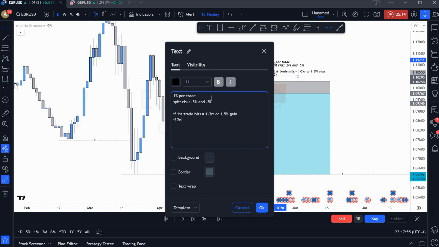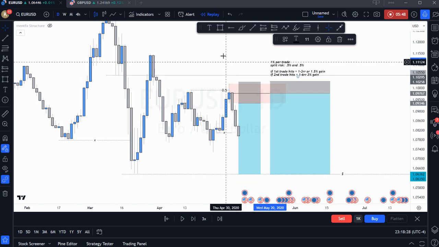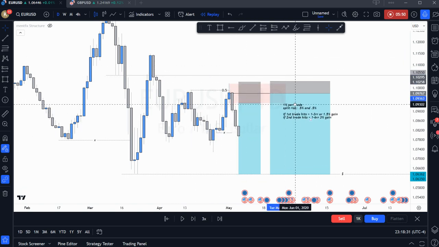And if the second trade hits, it's going to be a 1 to 6 RR, which is 0.5 times 6, what, 3% gain. So if both hit, you're getting a solid 4.5% overall running to the target. If only one hits, you see the math right here set up. So I'll kind of just leave this right above.